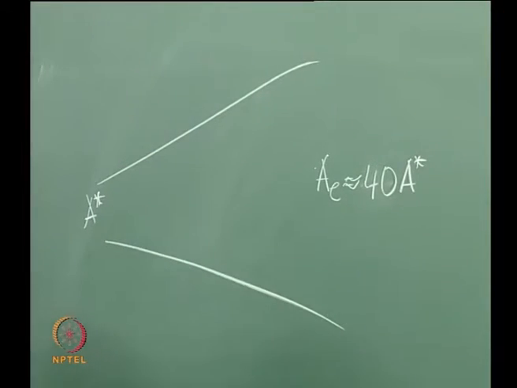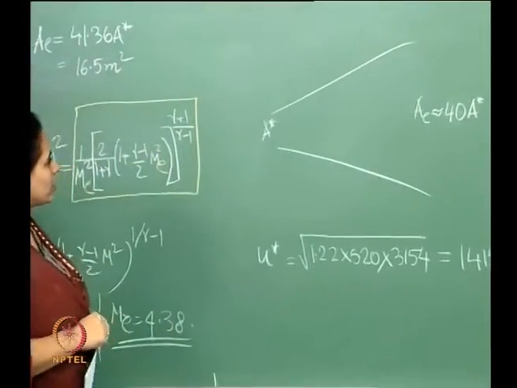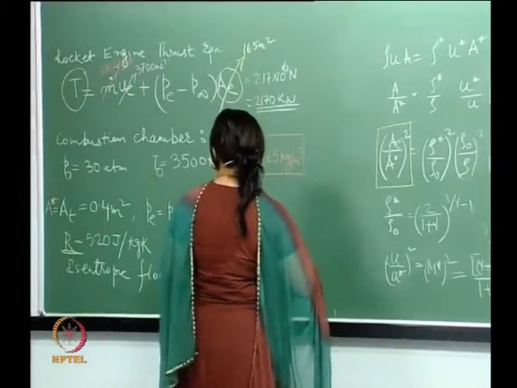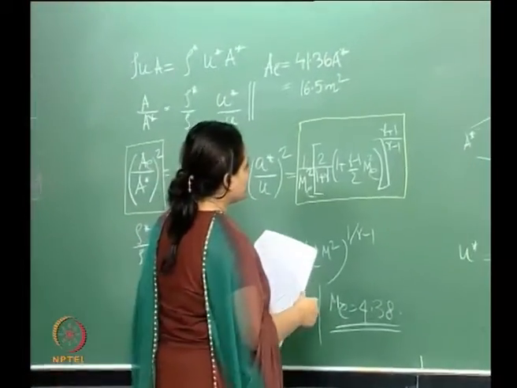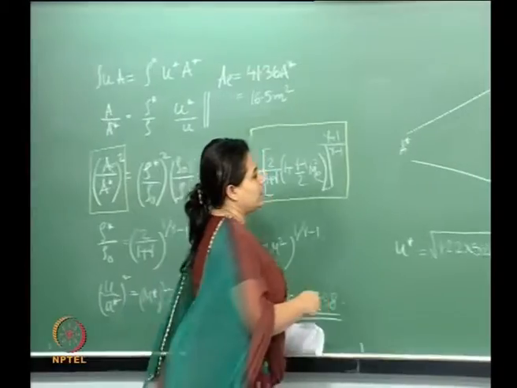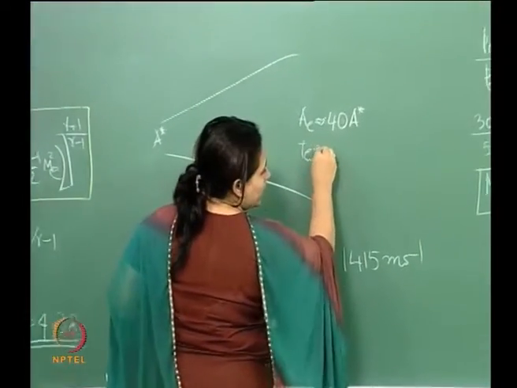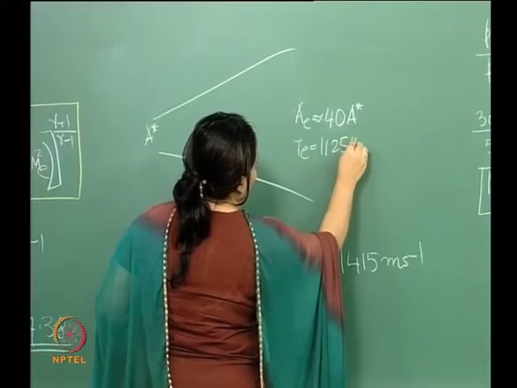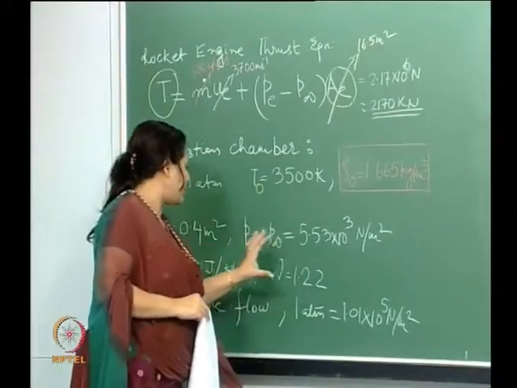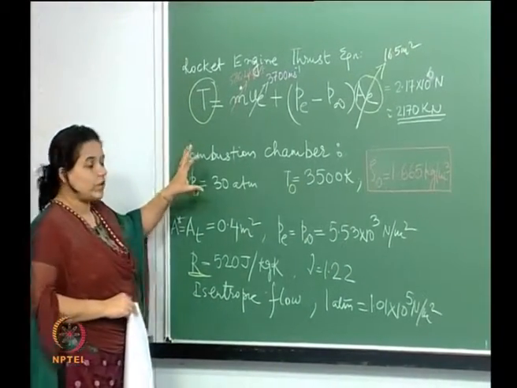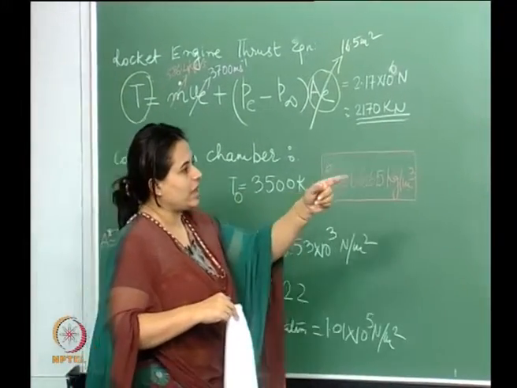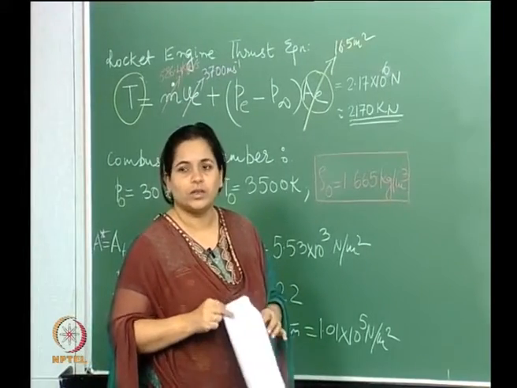The combustion chamber pressure is 30 atmospheres and the temperature is 3500 Kelvin. The temperature at the exit drops to a little over 1000 Kelvin. The gas is produced at 3500 Kelvin, and due to the expansion, at the exit it drops down to a little over 1000 Kelvin.